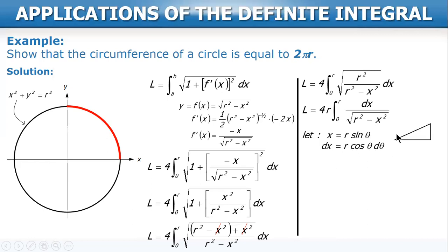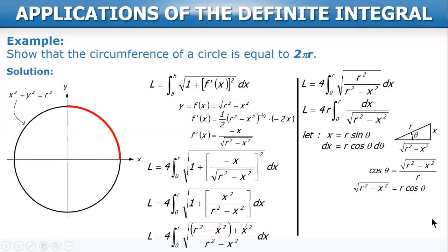Then you draw a triangle. Sine is opposite over hypotenuse, x over r. And then adjacent side is square root of r squared minus x squared. And since we have cosine theta, get the expression of cosine: adjacent over hypotenuse and cross multiply.